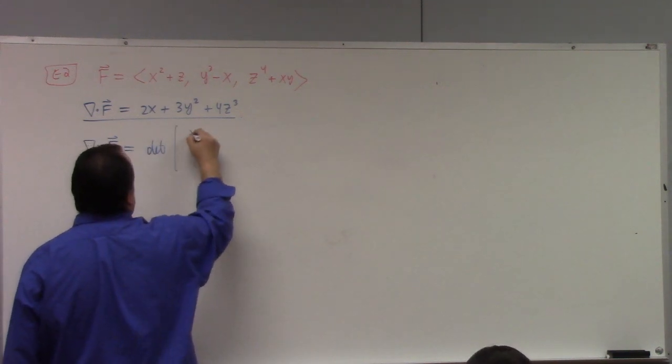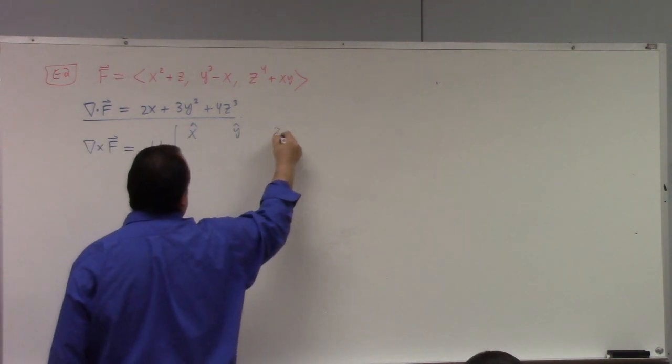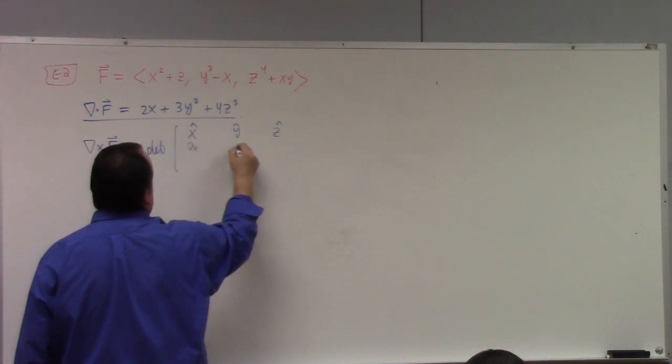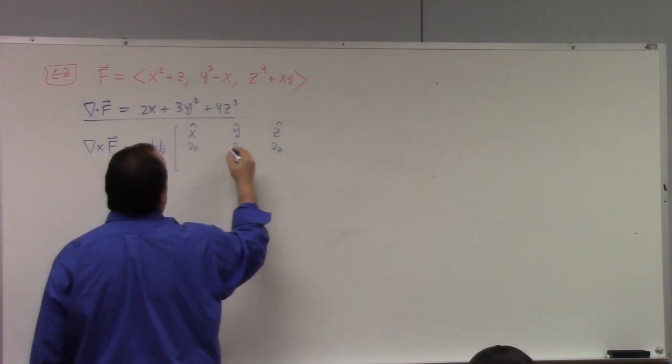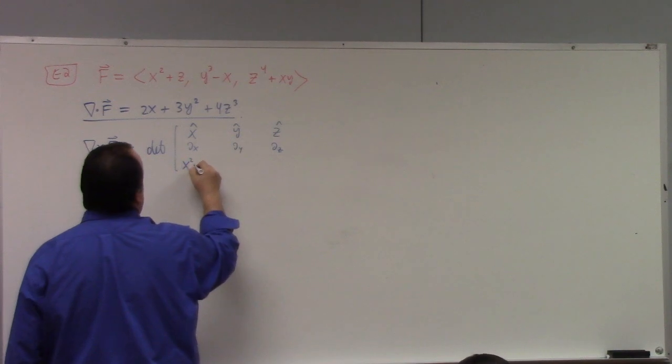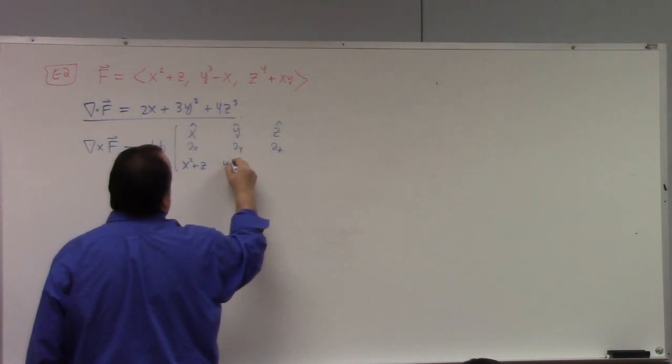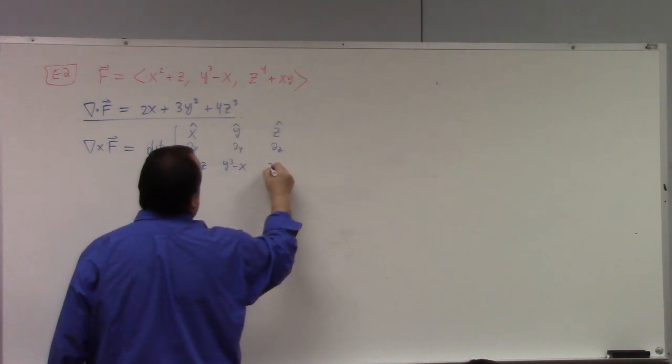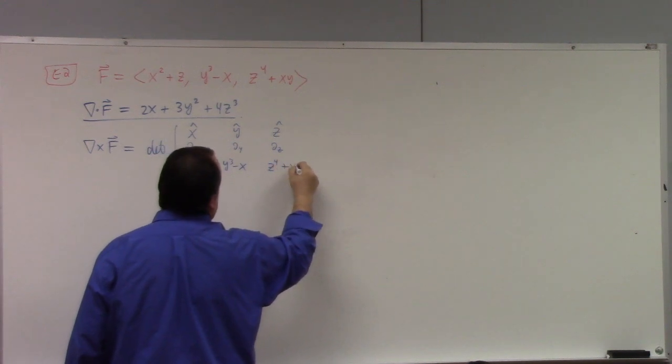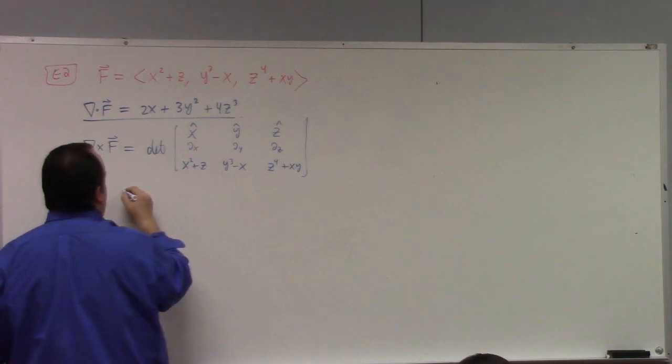Determinant, x hat, y hat, z hat, partial x, partial y, partial z, and x squared plus z, y cubed minus x, z to the fourth plus xy. All right. So what we got here?